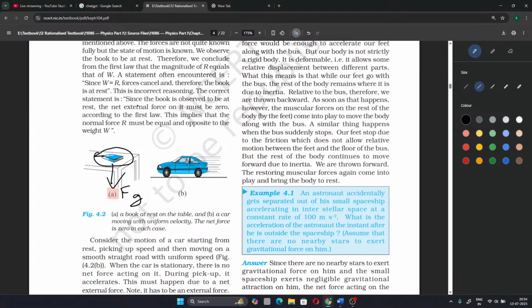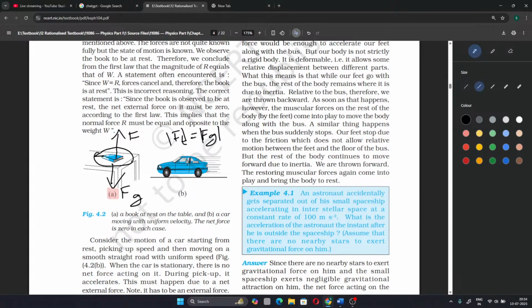So does that mean the table is exerting a force this side that is equal in magnitude to Fg?